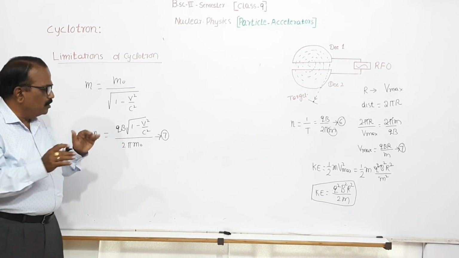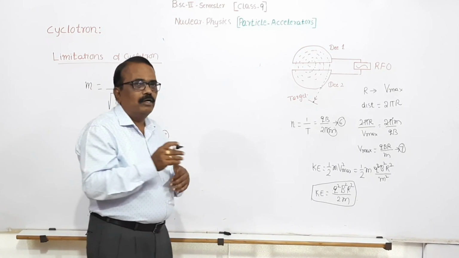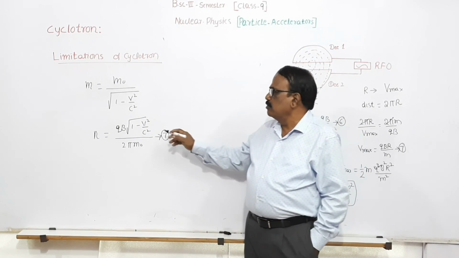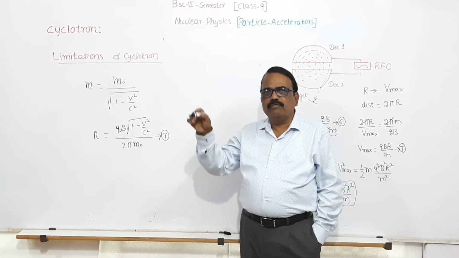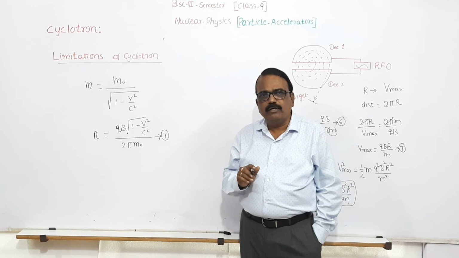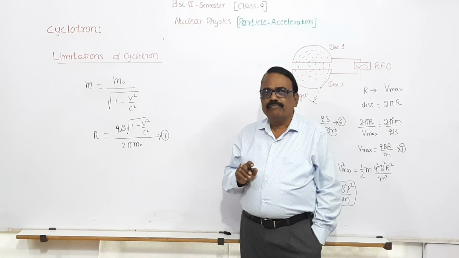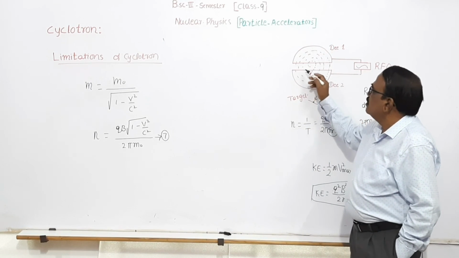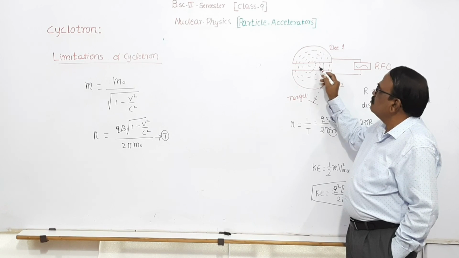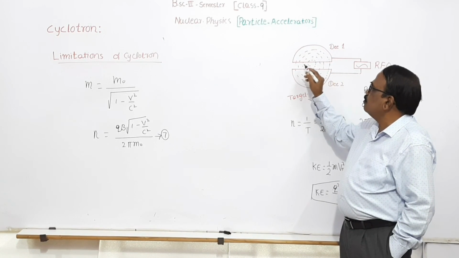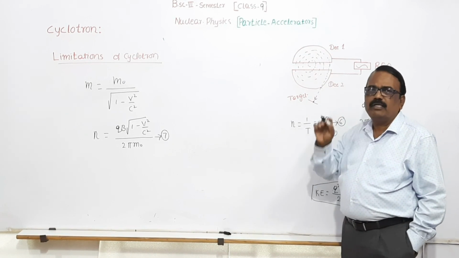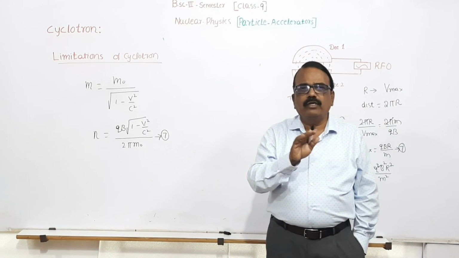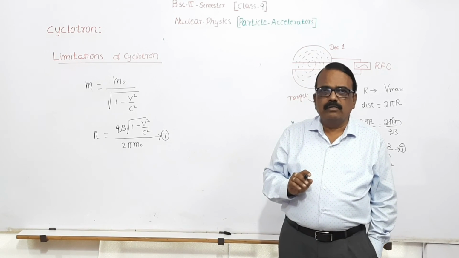If you go on increasing the velocity of the ion by this cyclotron, the frequency of rotation of that charged particle goes on decreasing. Then a stage is reached where continuously this ion lags behind while describing the semicircle. Further, that ion cannot be accelerated.